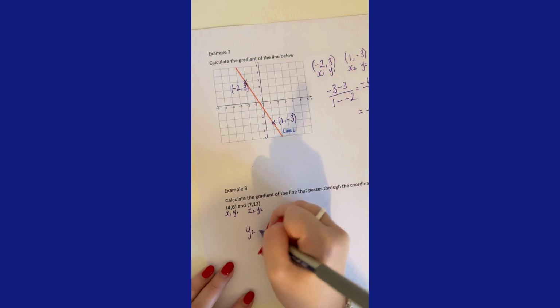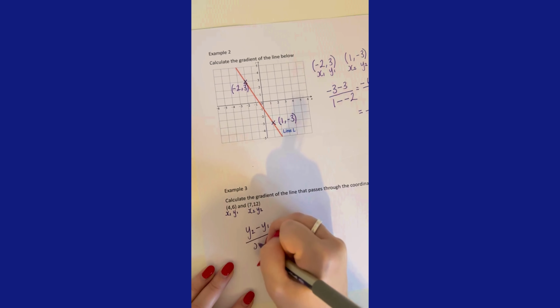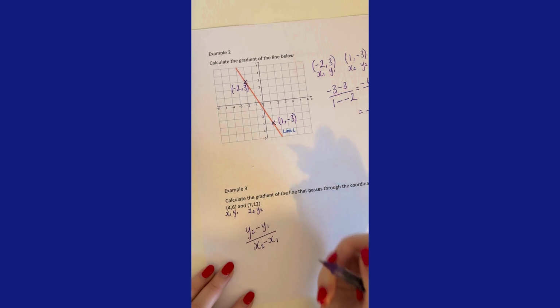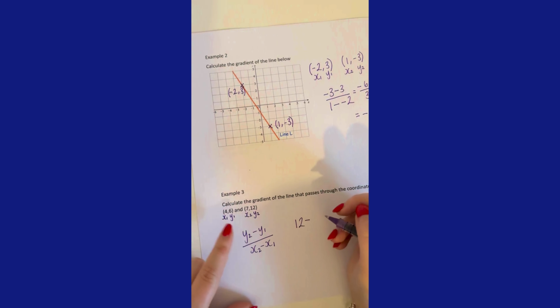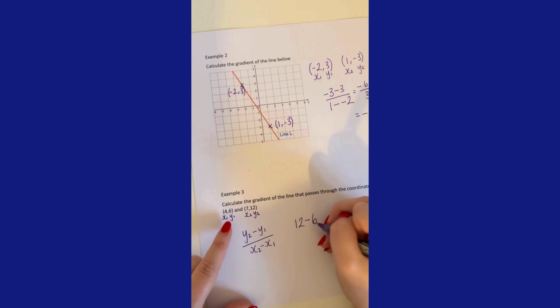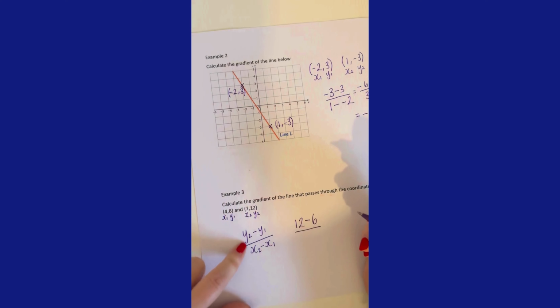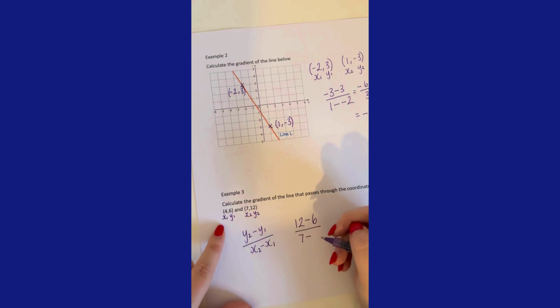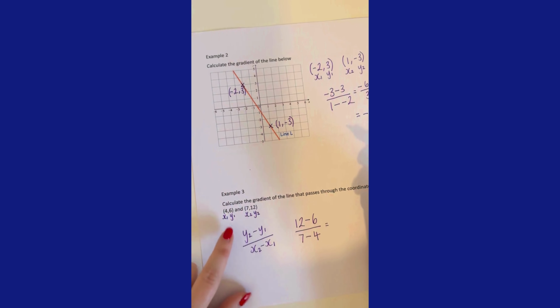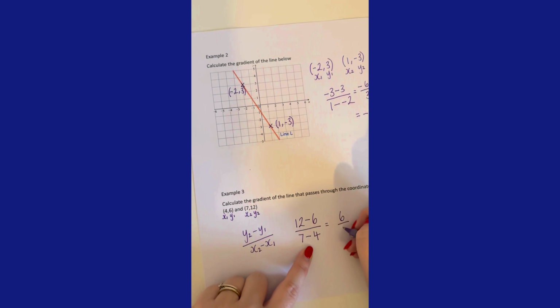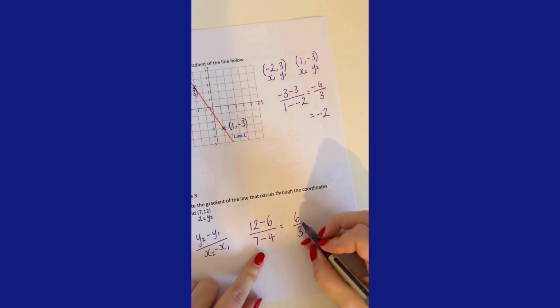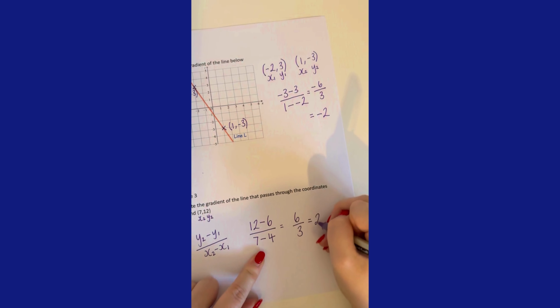My formula is y2 minus y1 over x2 minus x1, okay? y2 then is 12, take away my y1 value, which is 6, over x2, which is 7, take away my x1 value, which is 4. All I'm doing is just substituting these values in. 12 take away 6 gets me 6, and 7 take away 4 gets me 3. 6 divided by 3 gets me 2.